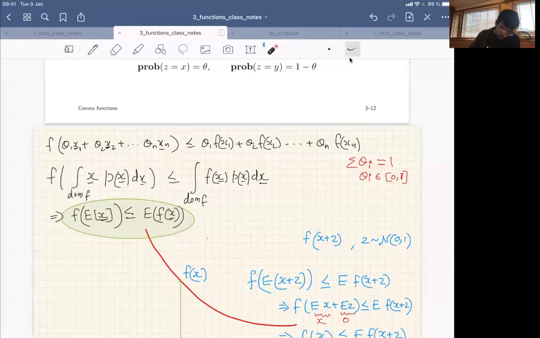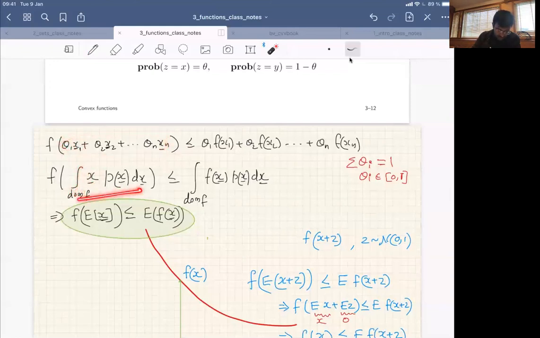Now I am extending this to the infinite point case, where I have x here. Instead of this weight, I plug in the probability distribution here and integrate it. Basically, it's doing the same thing for infinite points.